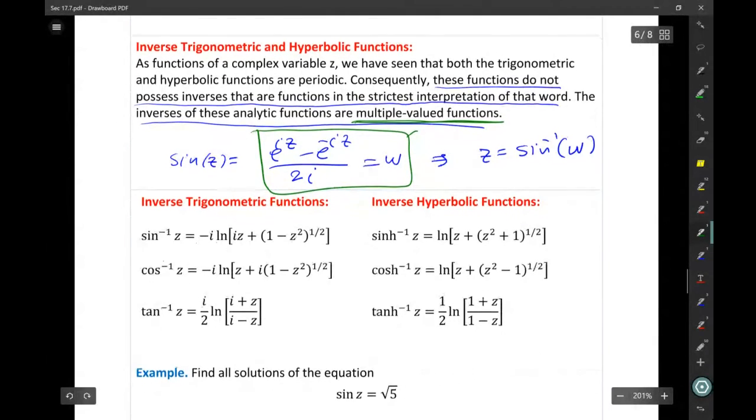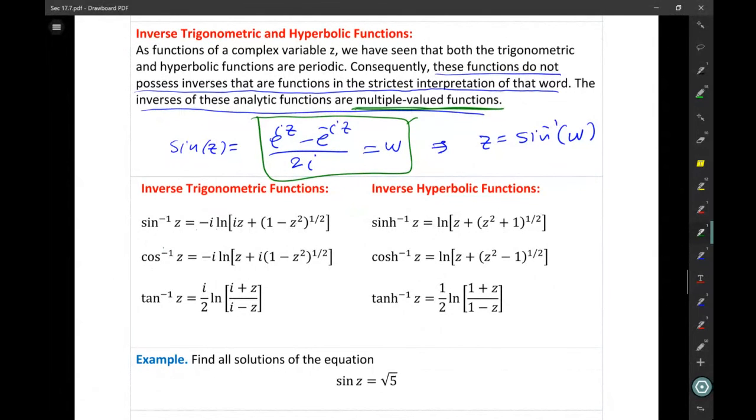Cosine inverse Z is minus I ln Z plus I, if you want, minus Z square, all of them square roots. I mean 1 minus Z square is the square root. It has the square root only. tan inverse of z, I by 2 ln iz divided by I minus z. The same, sinh inverse. Ln of z plus z square plus 1, all of them square root.